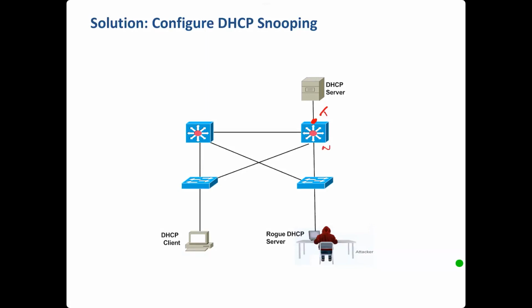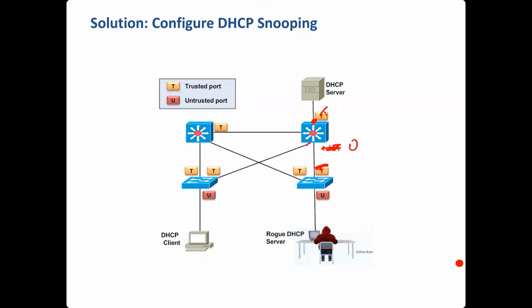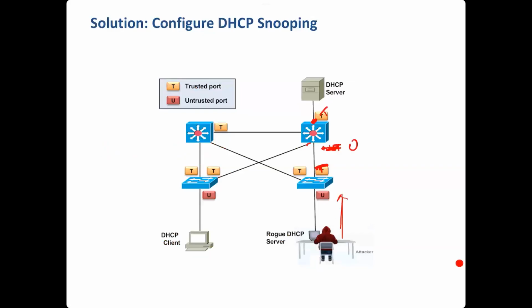Okay, or untrusted port. What we show as U is an untrusted port. Now from this one we can further conclude this is going to be a trusted port, and this is going to be a trusted port, and something that's coming from the bottom is an untrusted port. So if the message comes from an untrusted port, then simply discard it. That's the countermeasure. Because right in the beginning we know the DHCP server is connected to a particular port.